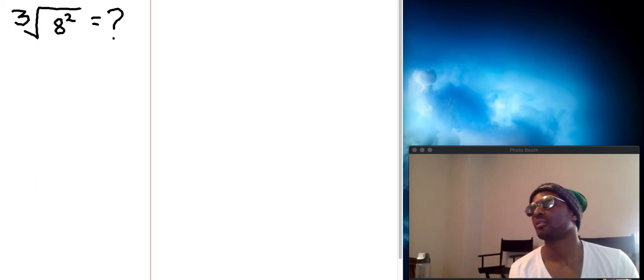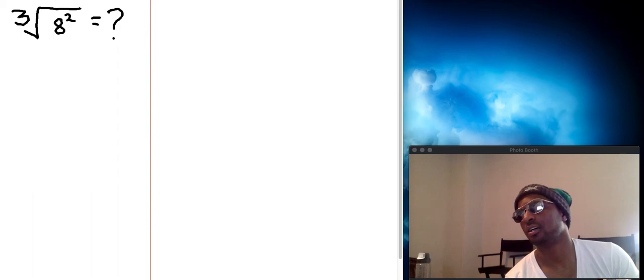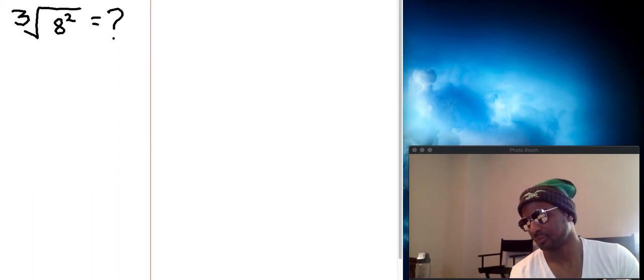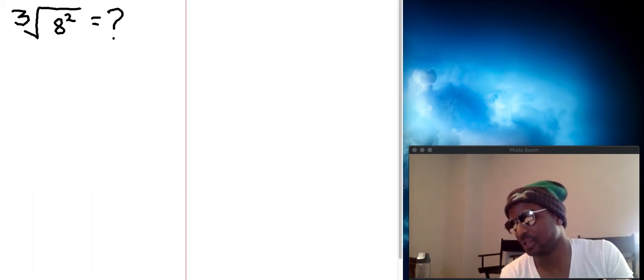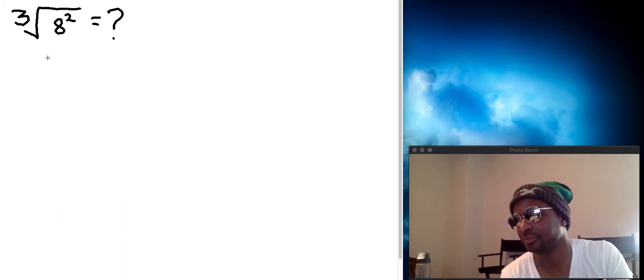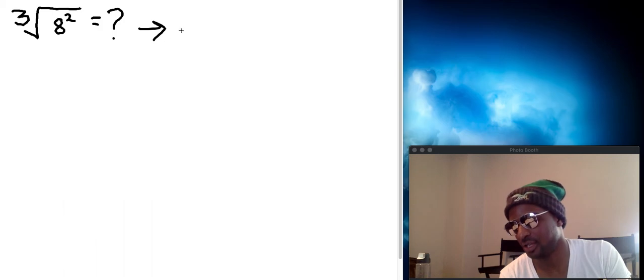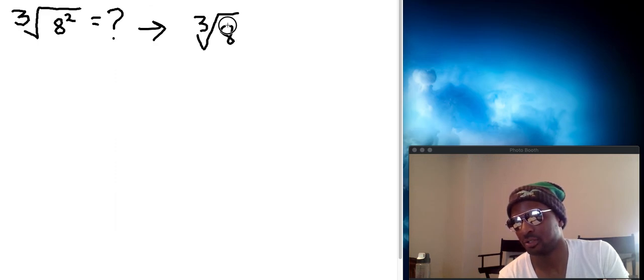So we have here the cube root of 8 squared, and we're going to rewrite this just like the last time. I'm going to rewrite this as the cube root of 8, except we're going to square this.